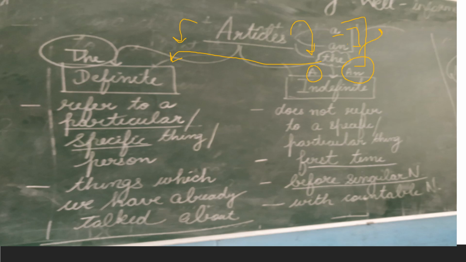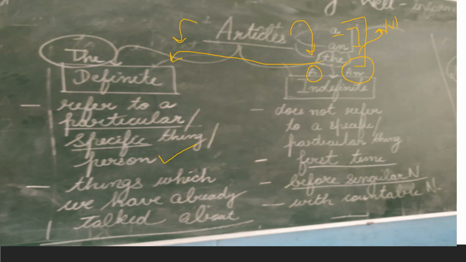I am not saying vowel, I am saying vowel sound. The refers to a particular or specific thing or person. He is the man of the match. So I'm talking about a particular person who has performed well in cricket. It is also used with titles, the Sun, and things which we have already talked about.